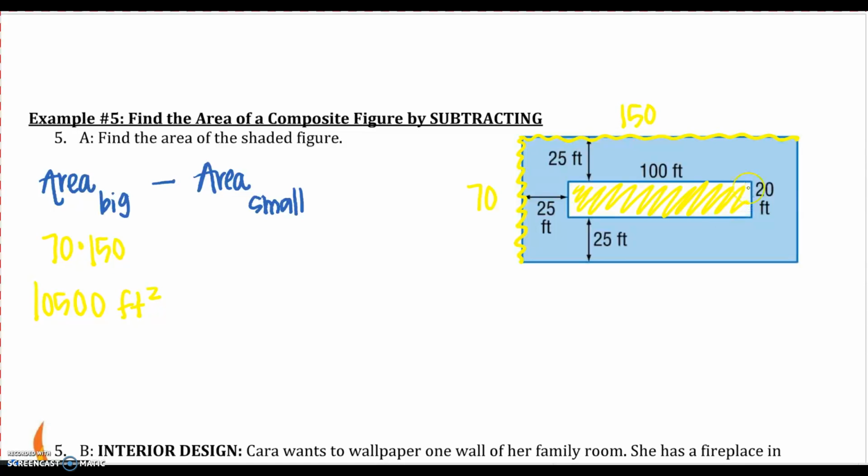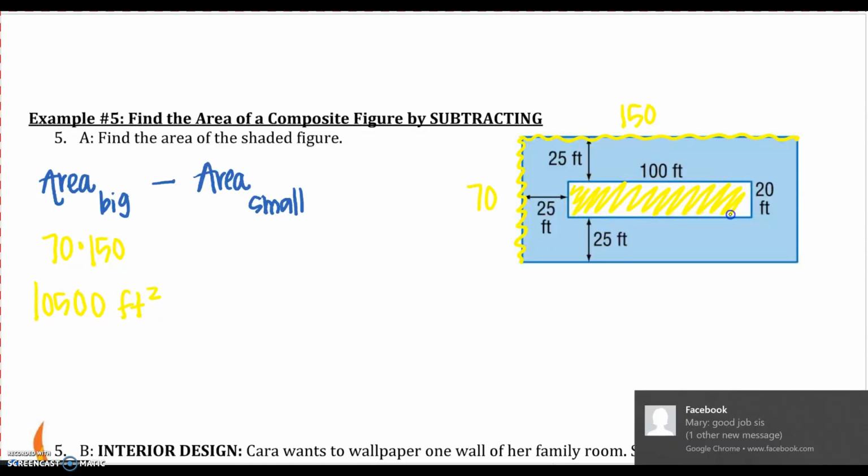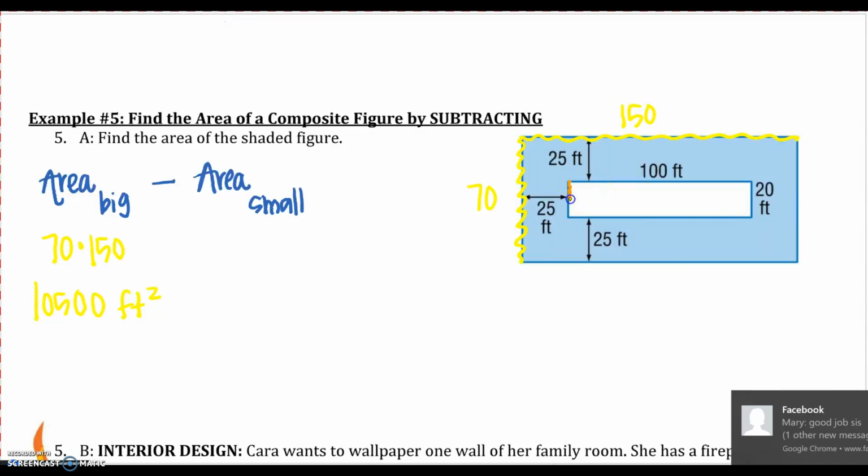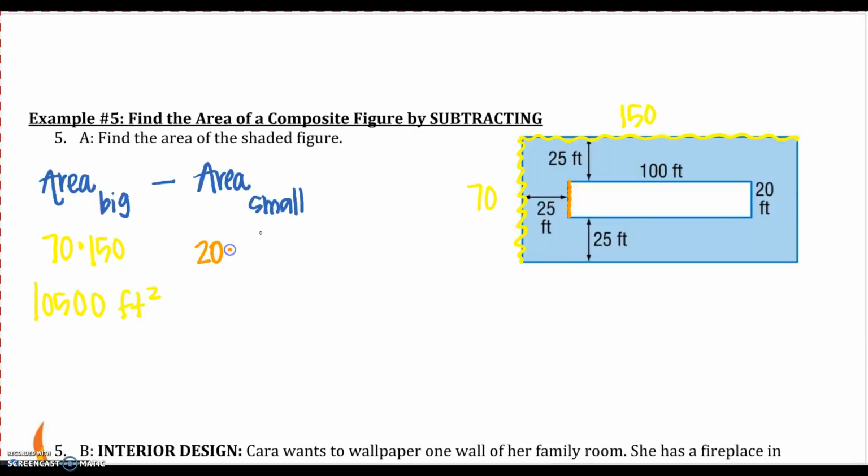So say I'm laying a floor down, and I need to not lay anything down for an island or something. So I'm going to take that away. If I do that, then I am going to say that my small one would be 20 times 100.